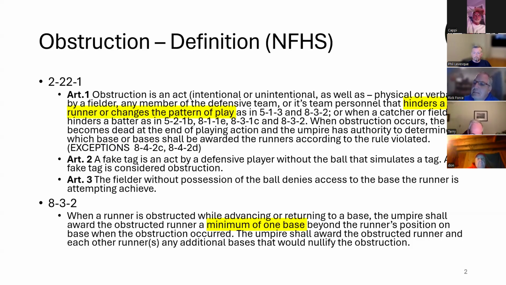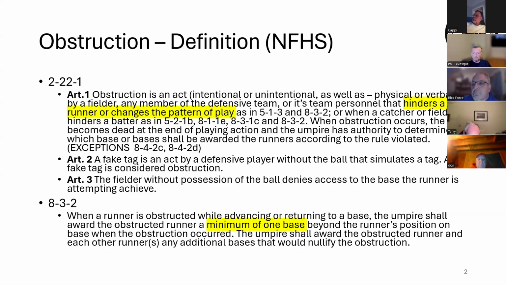Does that make sense? It makes sense, but the problem is the casebook plays indicate obstruction way before the runner actually does anything. And that's what gets umpires confused, because sometimes they hear that, well, if 10% of the base is open, then it's not obstruction.